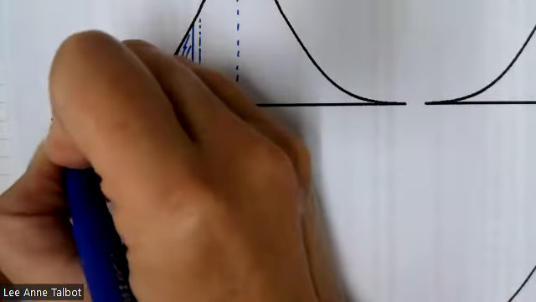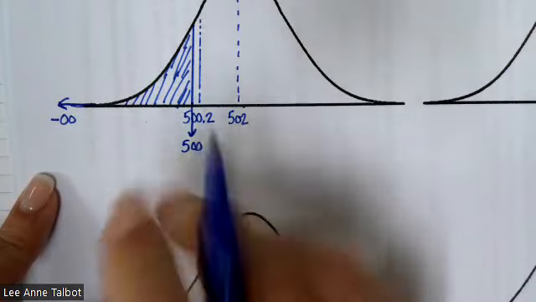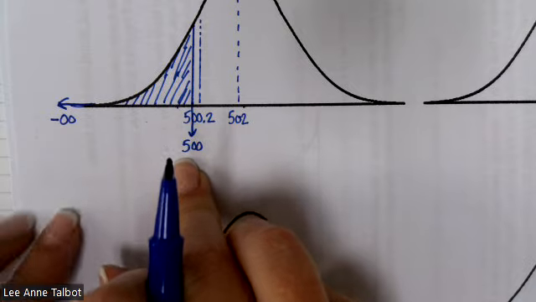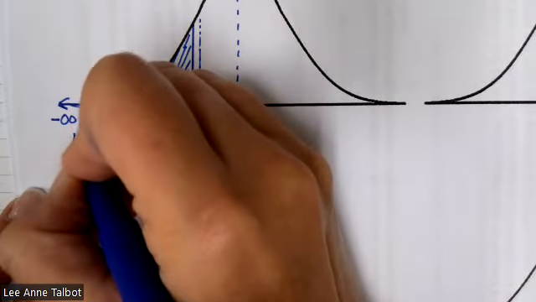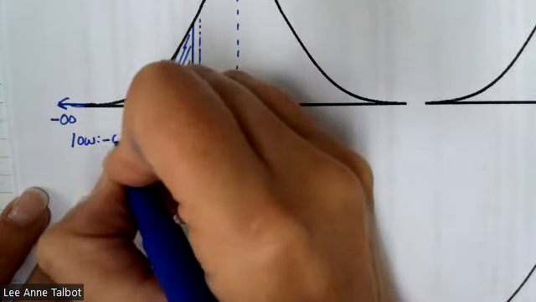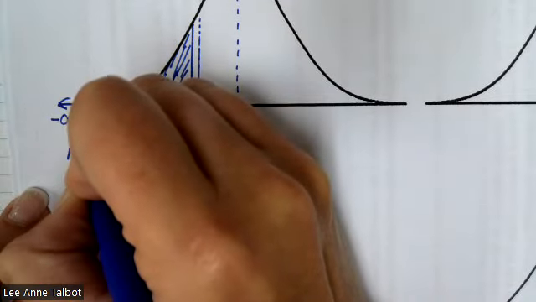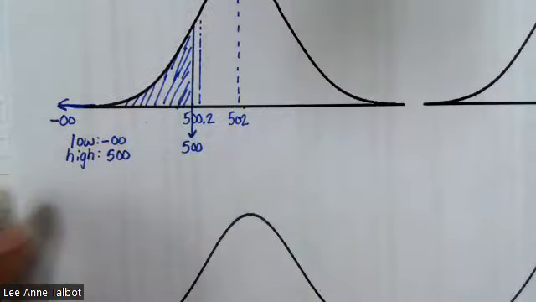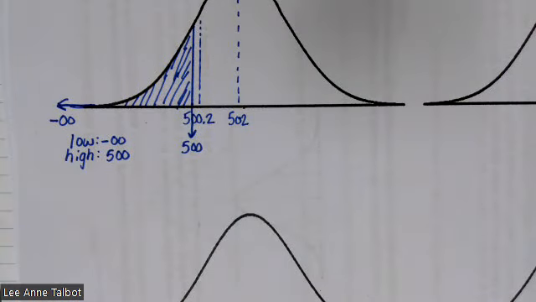Okay, so negative infinity to 500 is what I'm looking at here. So my low is negative infinity and my high is 500. The visual is really going to help you guys. Okay, now go back to your notebook paper when you're ready.